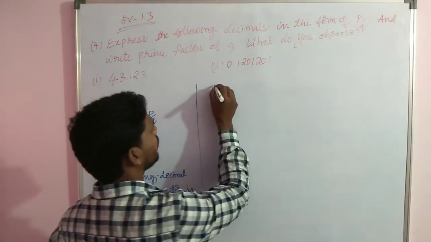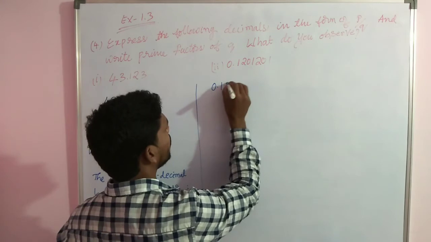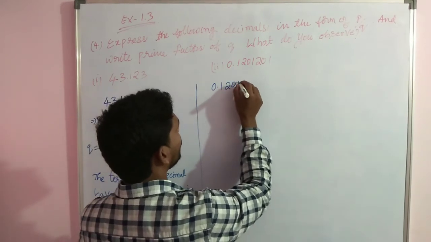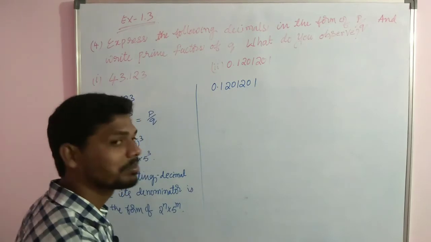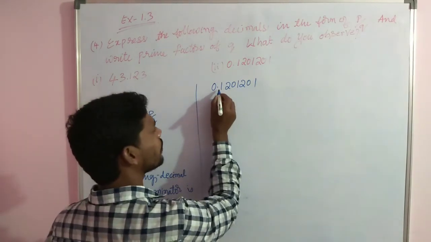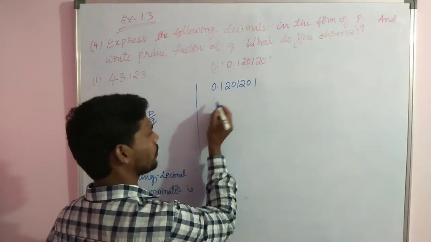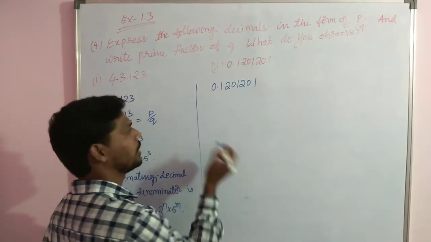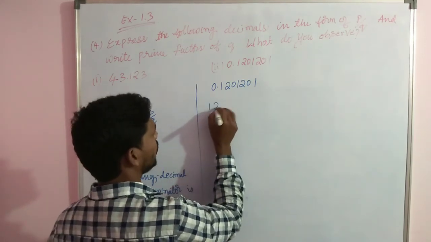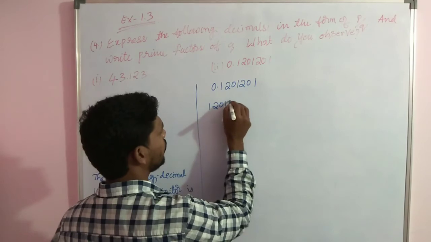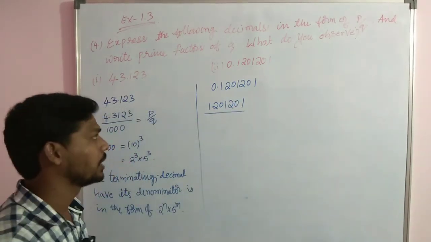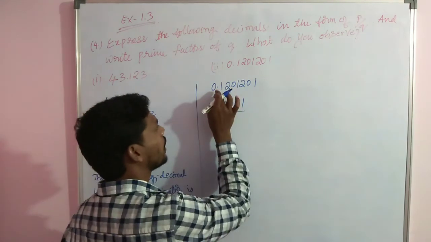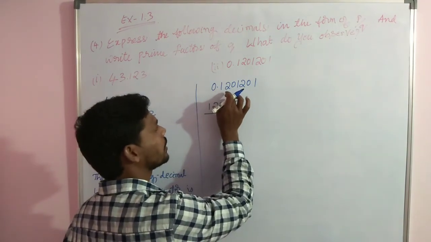Next is given 0.120120, a little larger number. We'll see. The 0 on the left side of the number has no value. If you remove the decimal point, how many digits do we have after it?